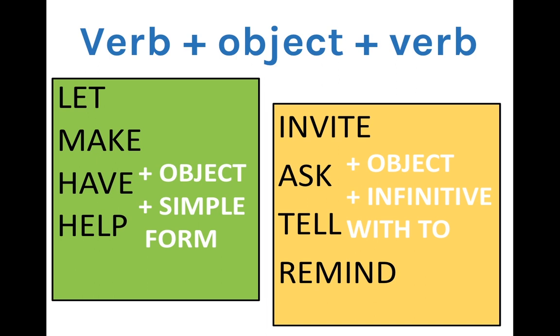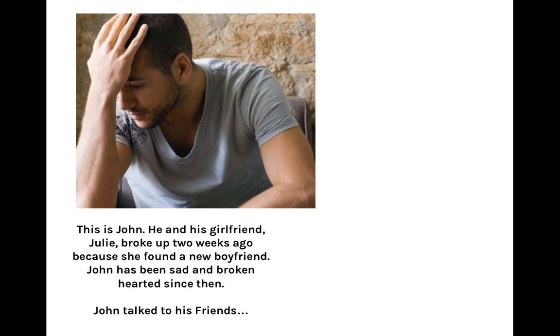And after these 4 verbs, we use the structure object plus infinitive with to. So remember, after let, make, have, and help, we use the object and then the simple form. And after invite, ask, tell, and remind, we use the object plus the infinitive with to. Let's see one example and let's review some sentences.